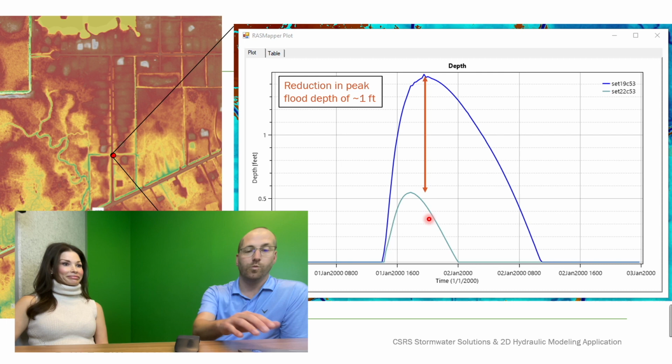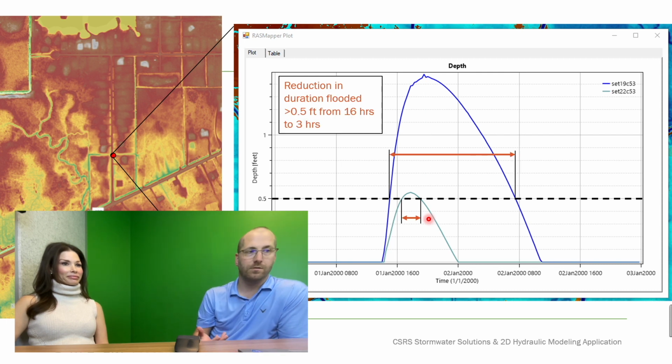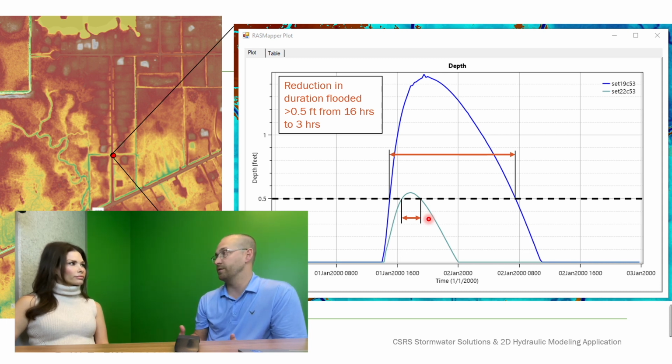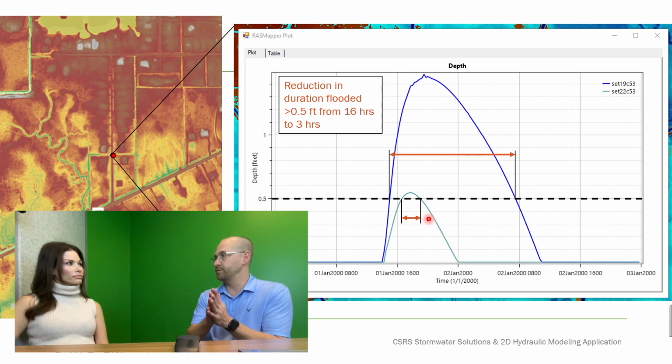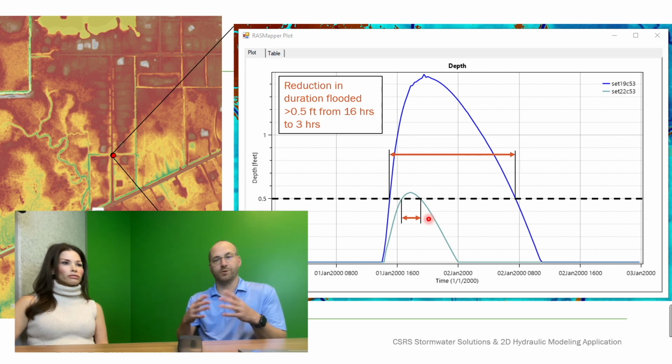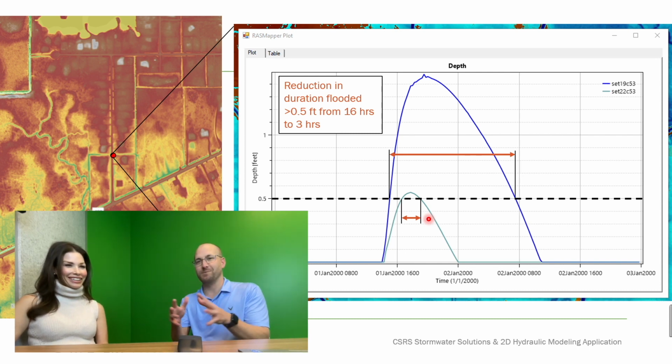What's equally as important is understanding how long that road is flooded. We're going to talk about a half foot depth. The federal government identifies that a roadway is considered impassable if it's greater than a half foot depth. So essentially the road is closed. Turn around, don't drown. We'll have a whole episode about that, I think.